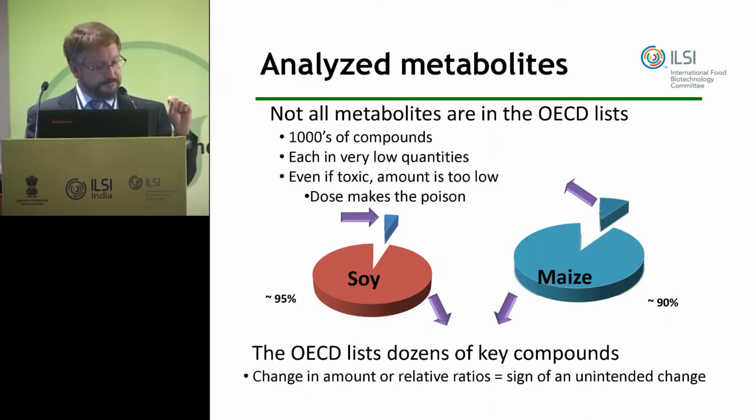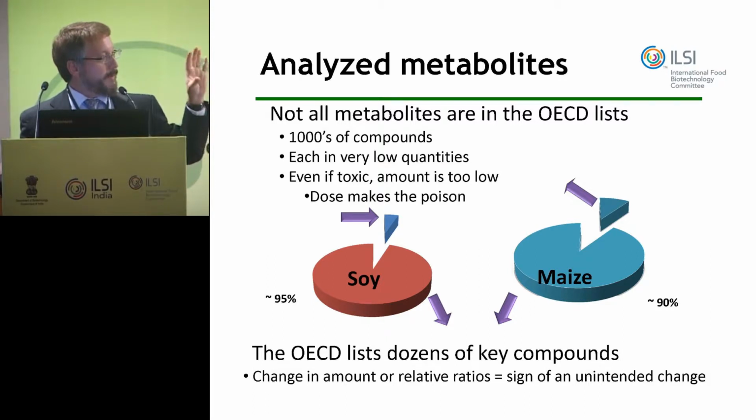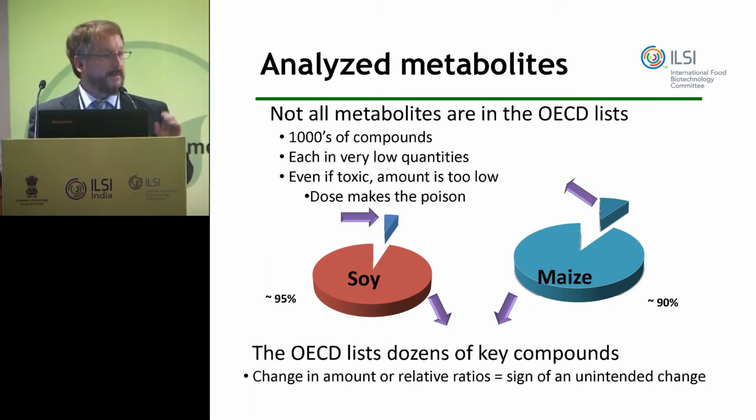For example, if something was as toxic as strychnine, it would have to be about 5% of dry weight before it would have a toxicological effect on whatever was eating it. And for it to be present in such an amount, you would certainly detect the alterations during the compositional analysis that is done.